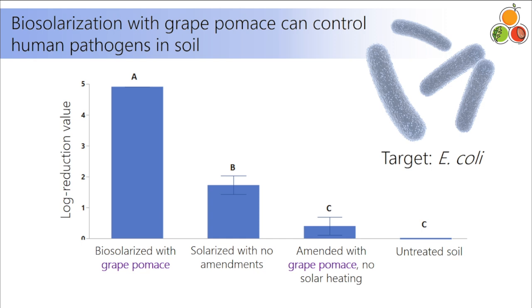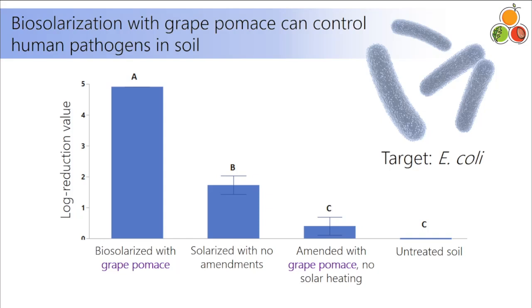So those grape skins contain a lot of different phenolic compounds that are known to be antimicrobial. Can we put these into the soil in biosolarization and capitalize on those compounds to knock out human pathogens in the soil and benefit food safety during the agricultural stage? So here are some data showing that you can get a 5-log reduction in soil E. coli using biosolarization with grape pomace.